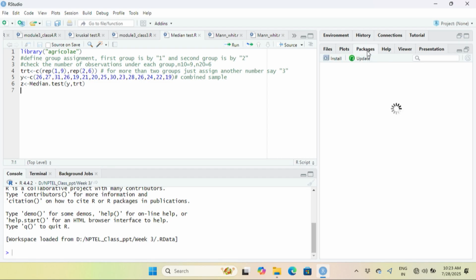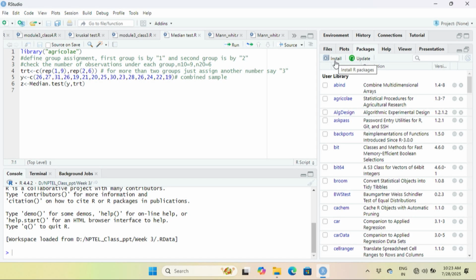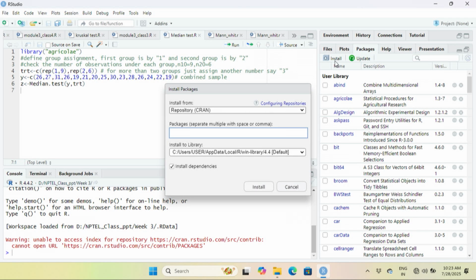You can go to the packages tab, use the install option here, and you will have the CRAN repository, an online repository where all of the R packages are stored. If your system doesn't have the package Agricolae, you can go to the CRAN repository, type the package name here, Agricolae, and download it to your system.